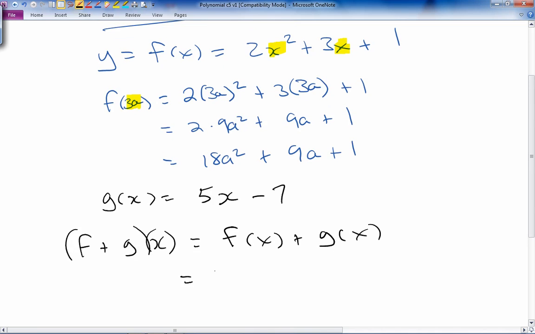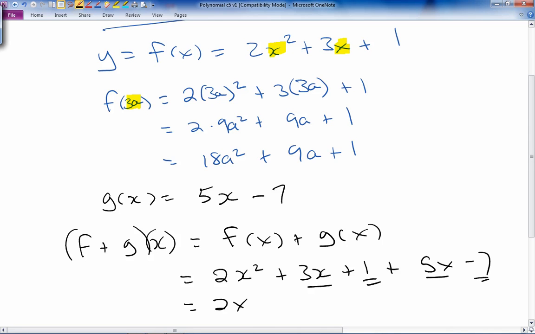And that's just take the two functions, 2x squared plus 3x, and add on the other one. So now like terms, we'll get 2x squared plus 8x minus 6. And we could continue to simplify that if possible. Not too worried about it.